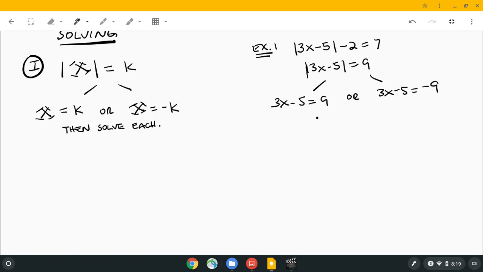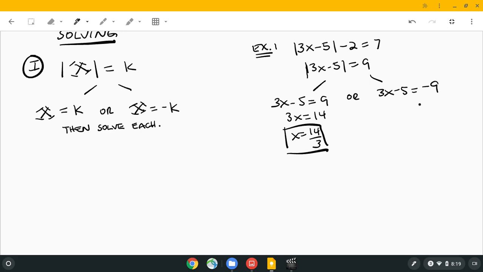Okay, so once we have our two equations here, we go ahead and solve each one. So in this first one over here, I'm going to add 5 to both sides, and I get 3x equals 14. And then I'm going to divide both sides by 3. So that is one answer.